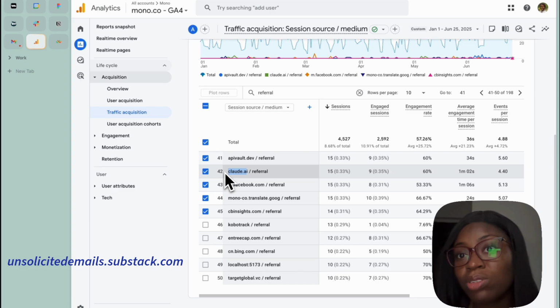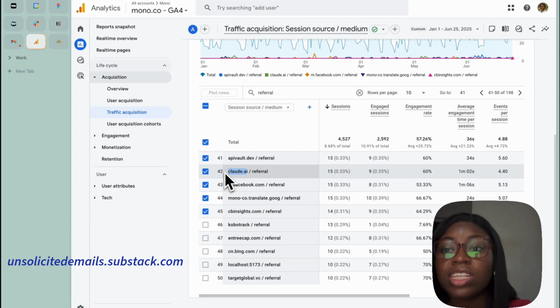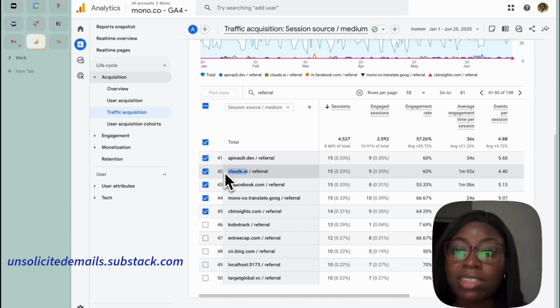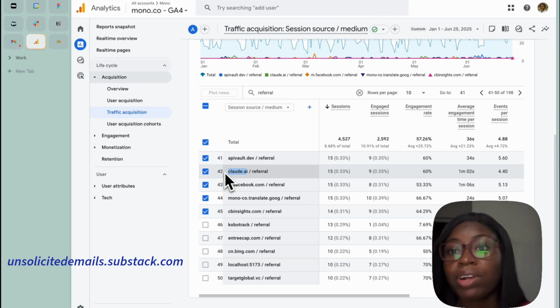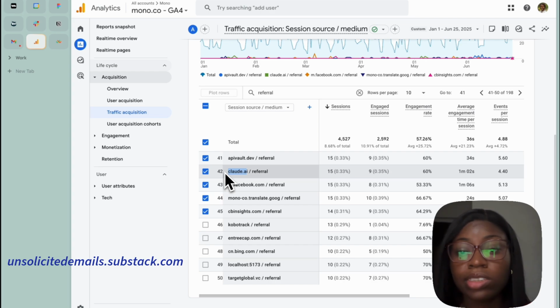So you can go check that out. And maybe if you need an in-depth video about how those articles were created and how we made sure that we are ranking well for the keyword and even for generative AI tools, I can do that. So that's all for now.